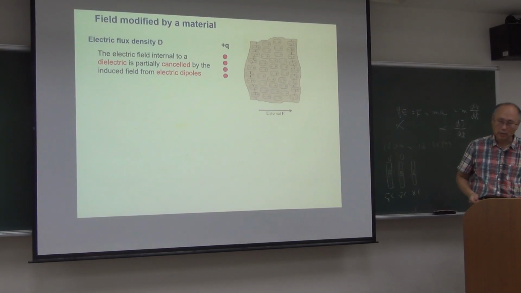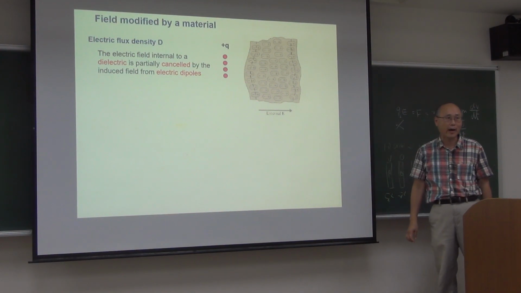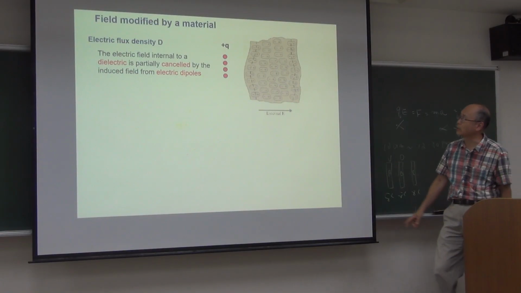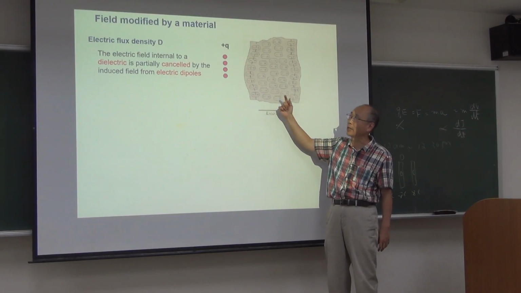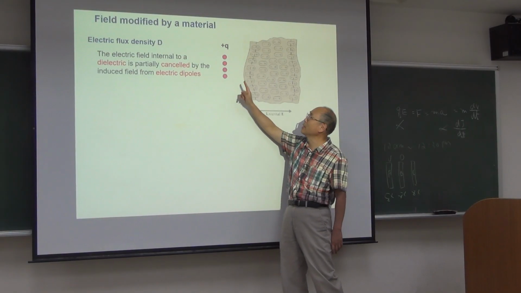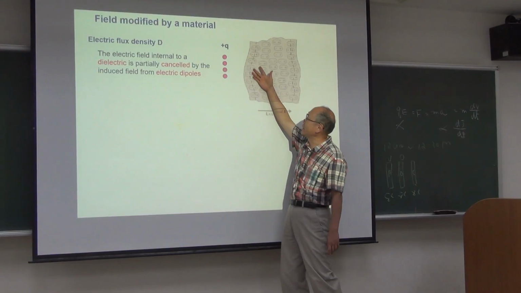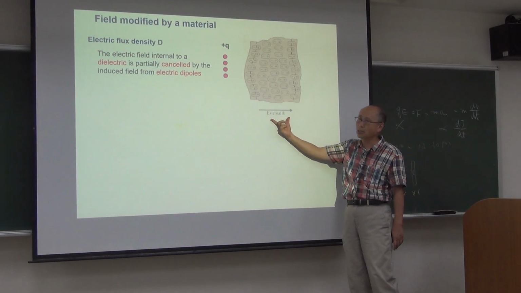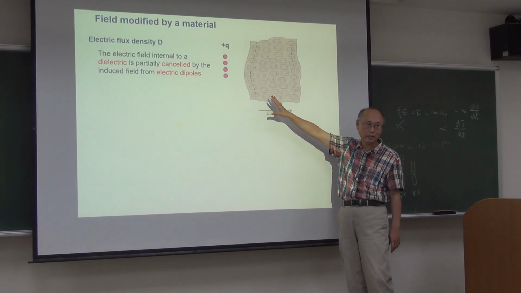Okay. All right, so if you have a material nearby, you could modify the electric field. And that is because you induce dipoles inside such a material. You polarize the material. Okay. Suppose you have some charge here. Then you will polarize the material to have a negative surface here, positive surface here. So you induce some internal field here to offset the external field.